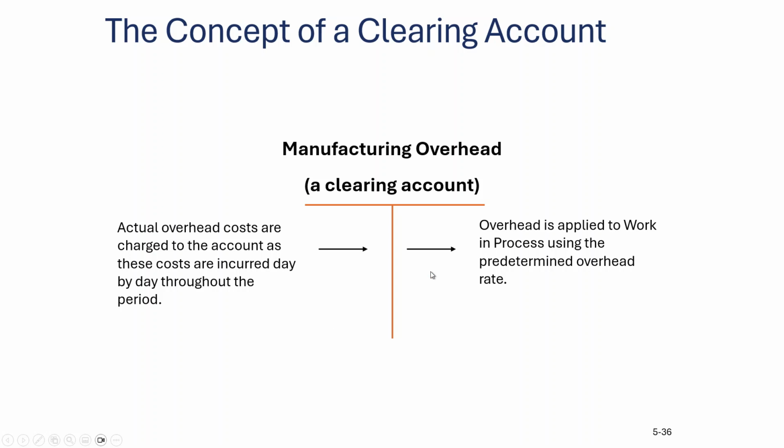And this is your actual money spent. So if you ended up allocating more, you're going to end up with a credit balance. If you ended up spending more than the actual that you allocated, you're going to have a debit balance. Okay, so in either case, you will be either over applied your overhead or under applied. At the end of the year, you need to clear that account to zero.